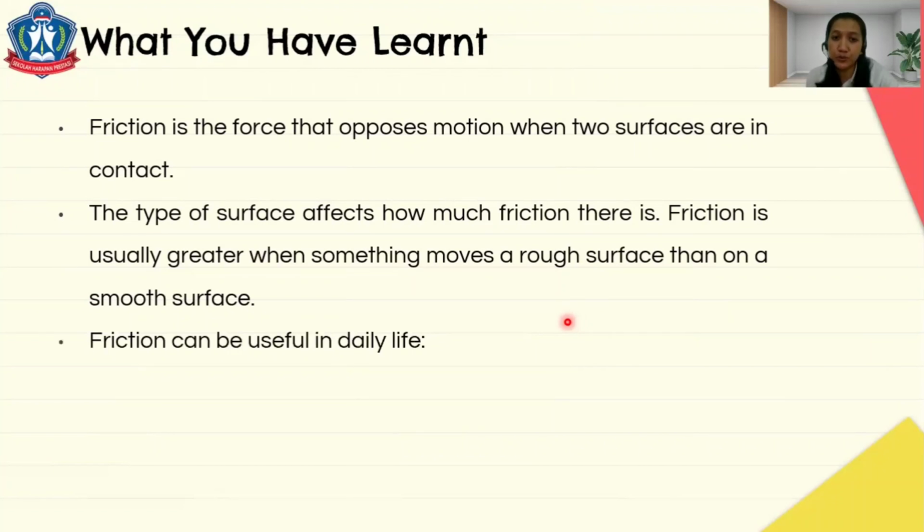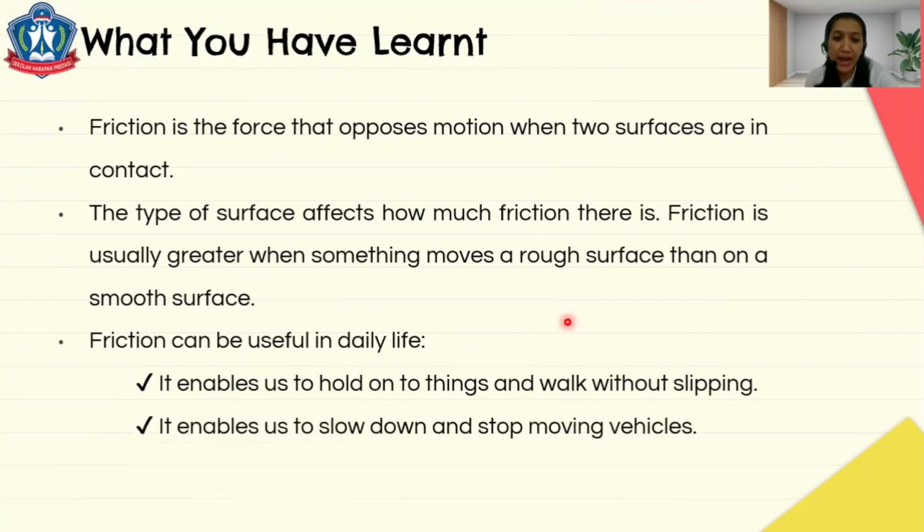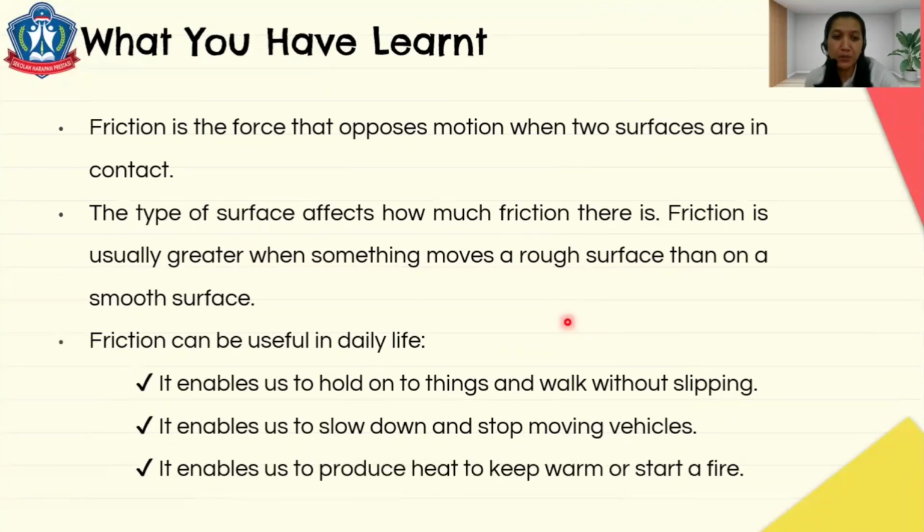Friction can be useful in daily life. For example, first, it enables us to hold on to things and walk without slipping. Second, it enables us to slow down and stop moving vehicles. And the third one, it enables us to produce heat to keep warm or start a fire.